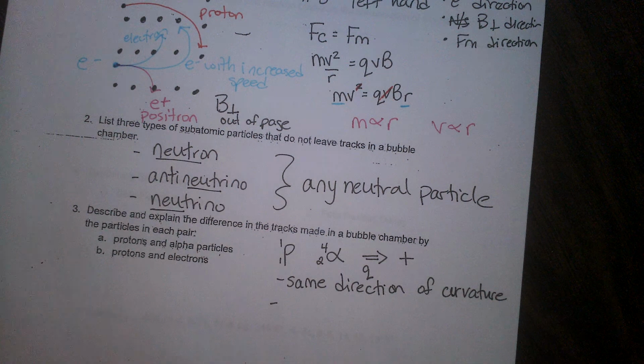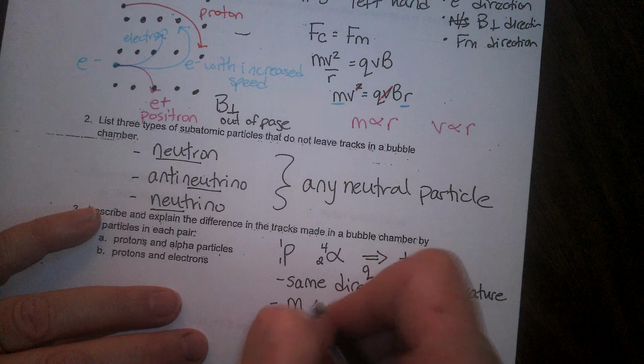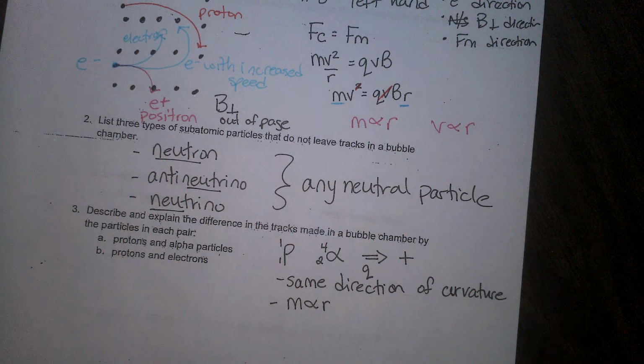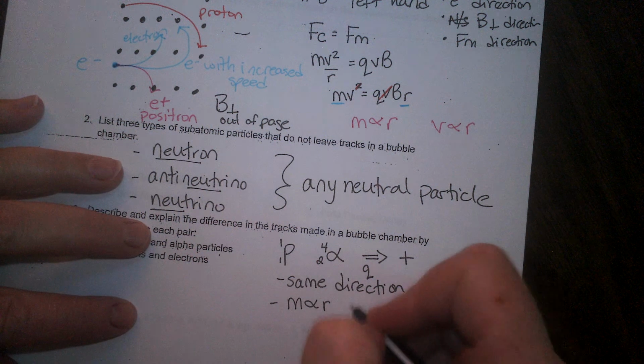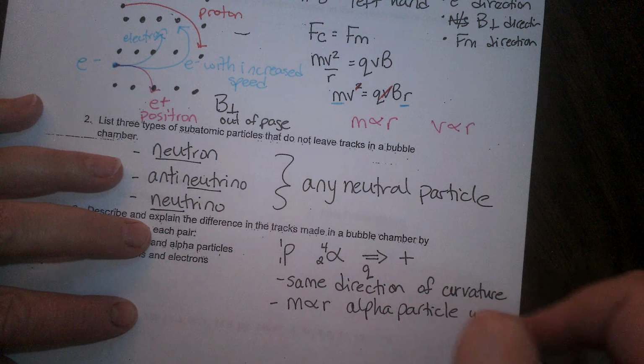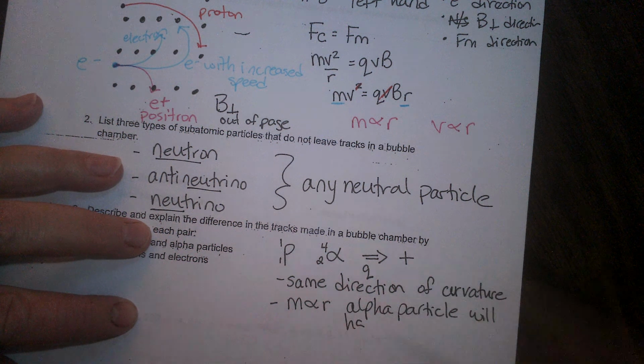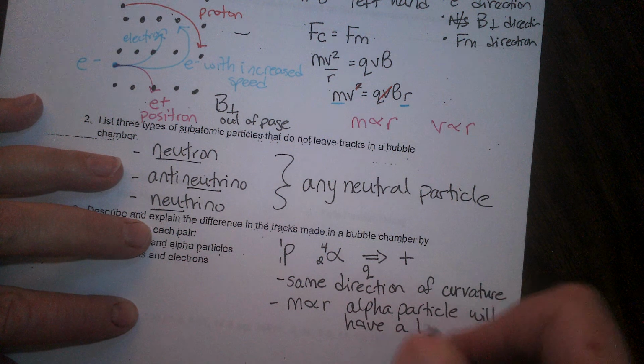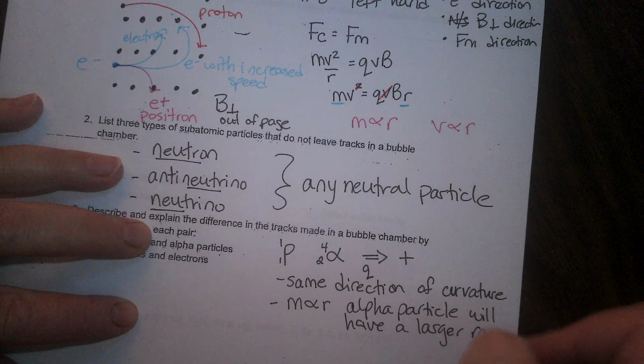Okay, and when we look at mass in relation to radius, which is larger, a proton or an alpha particle? An alpha particle at 6.65 times 10 to the negative 27 kilograms, whereas a proton is only 1.67 times 10 to the negative 27. So the alpha particle will have a larger radius.